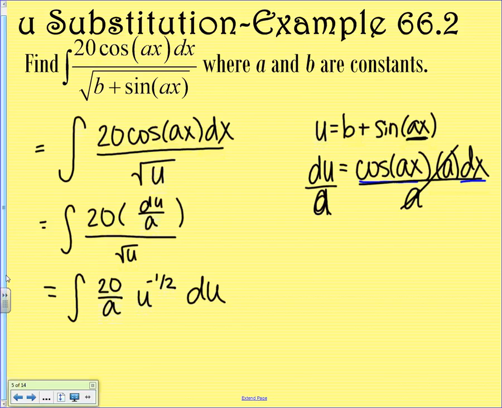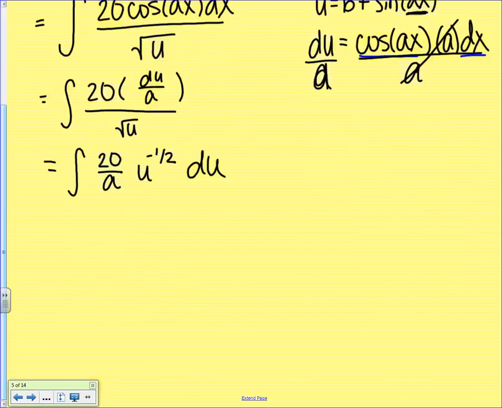So at this point, we can integrate it, because it's all in one variable. So we have 20 over a, and then u to the negative 1/2, we add 1 to it. It's going to become a positive 1/2. So we're going to divide by 1/2, which is the same thing as multiplying by 2. And again, I'm going to go ahead and put a plus c so I don't forget it. So now we just need to simplify and replace.